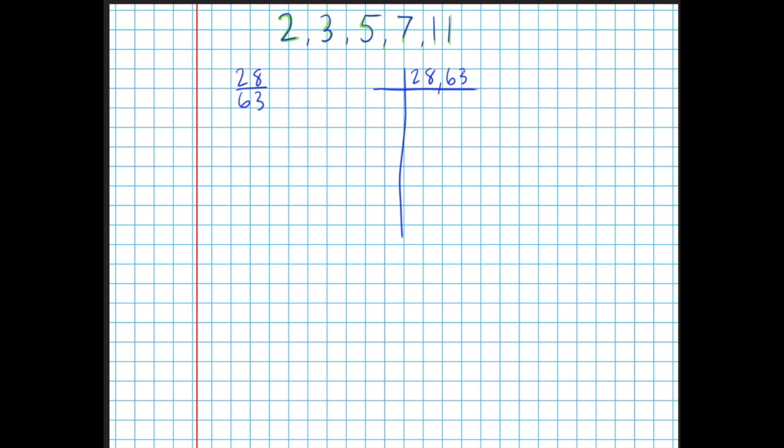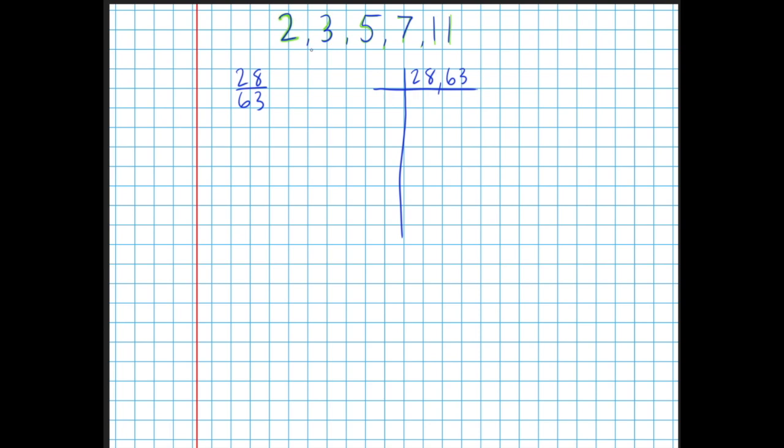Next, you're going to look at your prime numbers and see which one is compatible or divisible with both numbers in your fraction. That means which factor here is divisible with both 28 and 63. Well, 2 will work with 28. It has an even ones place. But it won't work with 63.